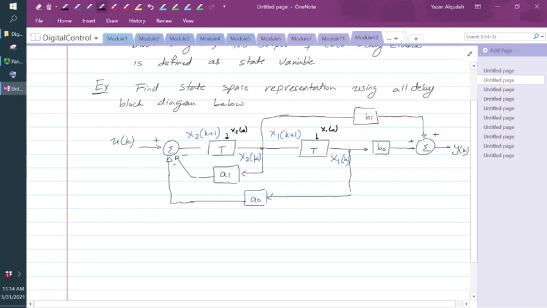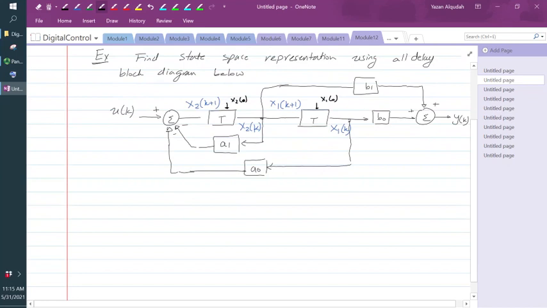Okay, so therefore if I look at this graph here, I can write that x1 of k plus 1, which is this here, is equal to x2 of k. If I write x2 of k plus 1, I can see that this is equal to minus a0 multiplied by x1 of k minus a1 multiplied by x2 of k plus u of k.